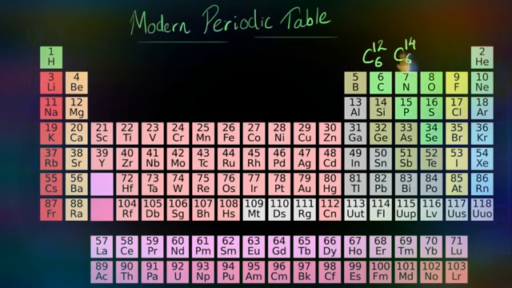But technically speaking, they are both carbon atoms. They have the same chemical properties and therefore they should be placed in the same place. So what do we do about that? Well, since we are arranging elements based on atomic number, we don't have to worry about this because both atoms have the same atomic number, even though they have different atomic masses. So therefore, both will occupy the same place.